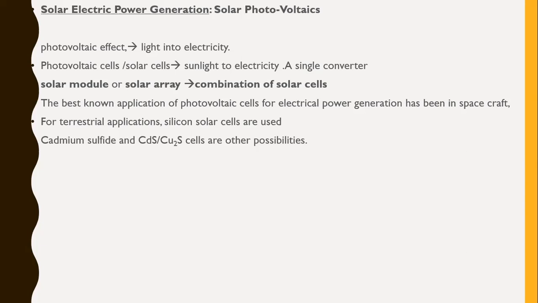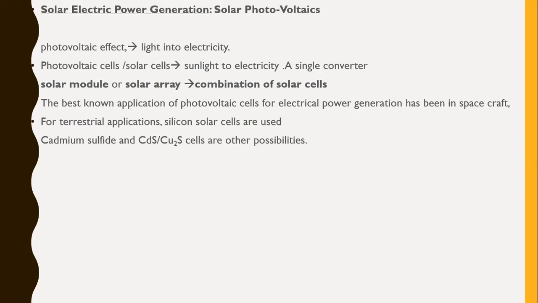The best known application of photovoltaic cells for electrical power generation is in spacecraft. In spacecraft, the silicon solar cell is the most highly developed type. This silicon cell consists of a single crystal of silicon, into which a doping material is diffused to form a semiconductor.